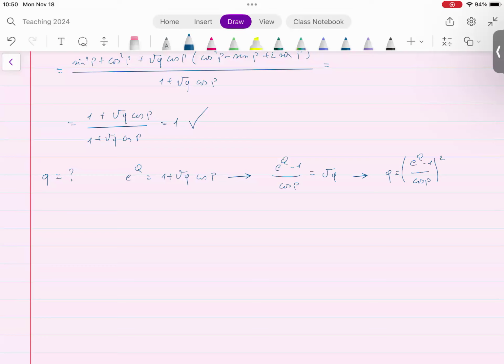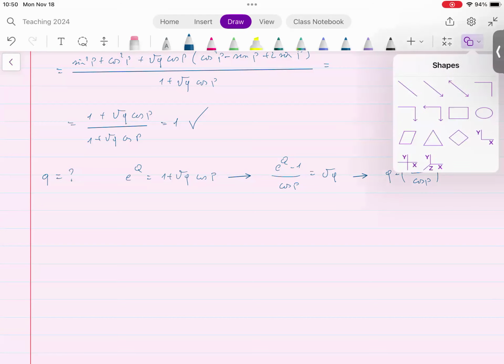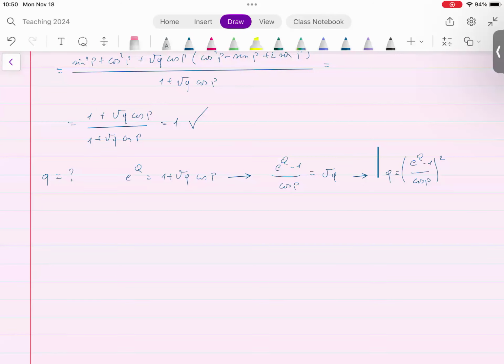That's also the cosecant, not square. Did I get this right? But that's pretty relevant. Okay, so we got this part. Let me put a square around this.